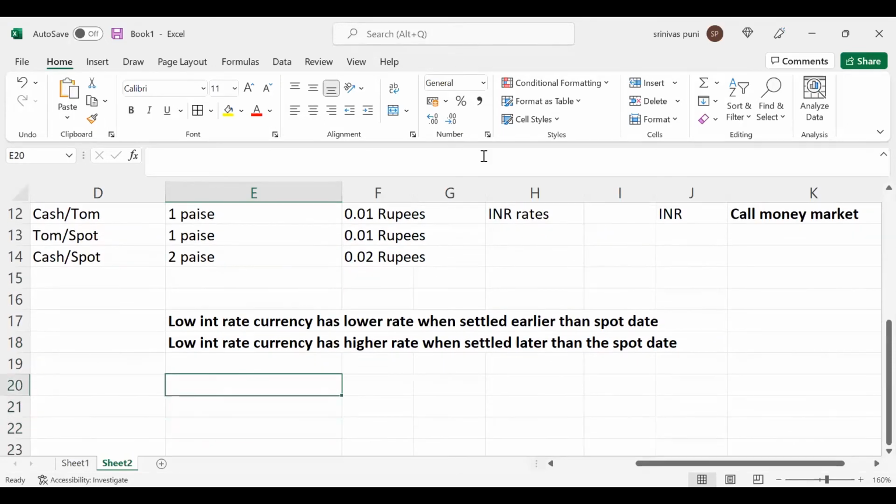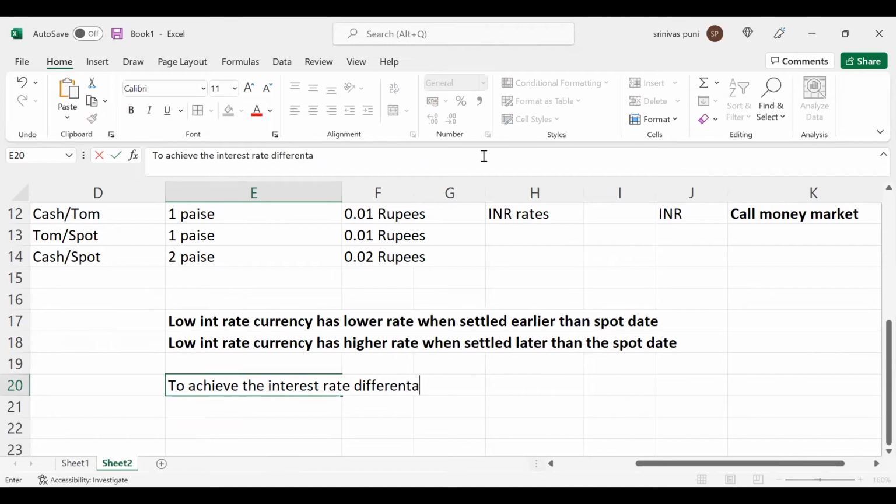So what is it that I'm trying to convey here? It is simply that, to achieve, I'm writing the statement here, I'll explain it in more detail. To achieve the interest rate parity, meaning interest rate differential, right? The low interest rate currency should trade at a premium for future.